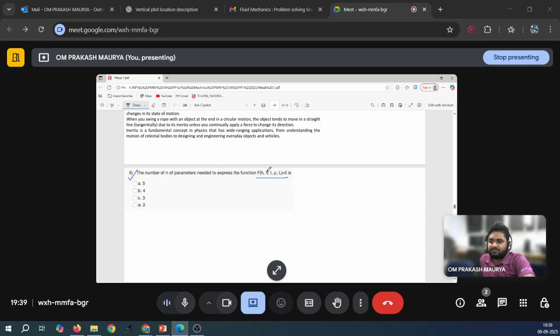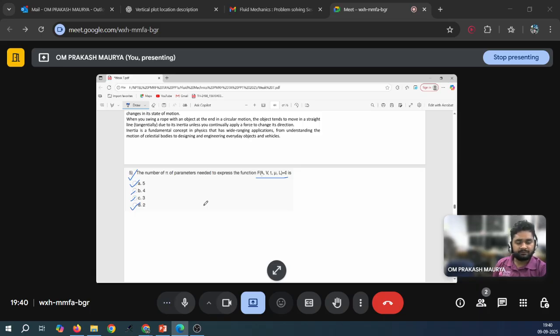So using these 5 variables, you have to give the pi parameters. Means how many pi parameters will exist if you have these 5 variables, whether 5, 4, 3 or 2, which should be correct.